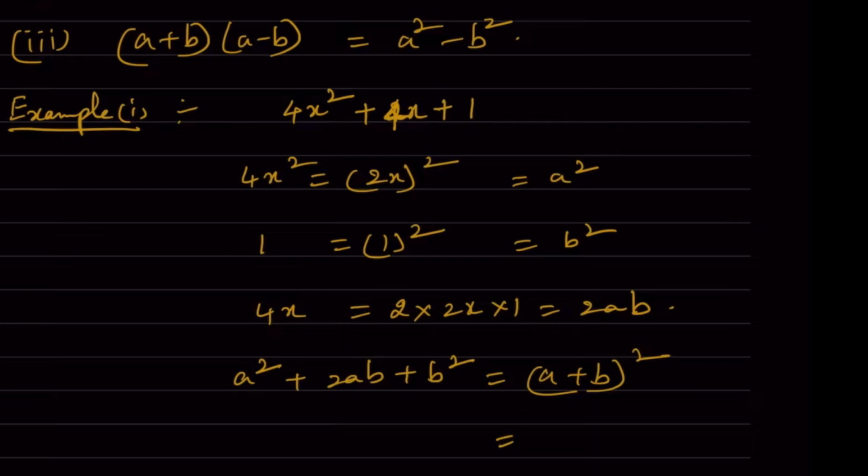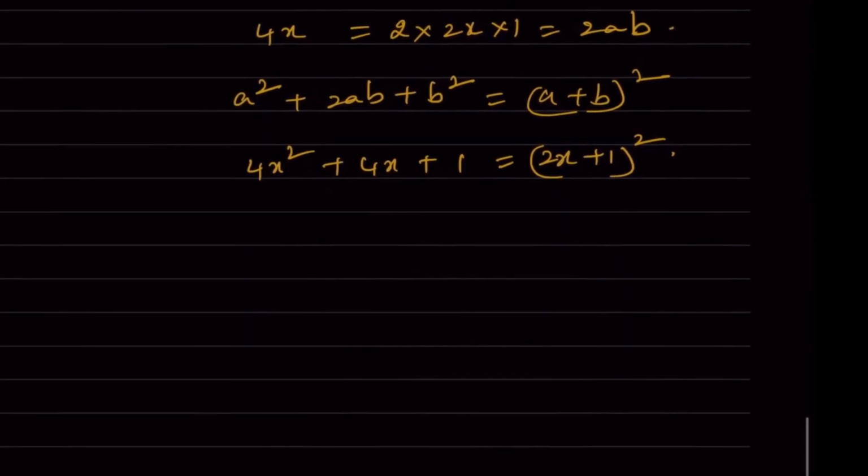So by the factorization method, 4x square plus 4x plus 1 is equal to (2x plus 1) whole square. So (2x plus 1) whole square is the answer for this first one, that is 4x square plus 4x plus 1.